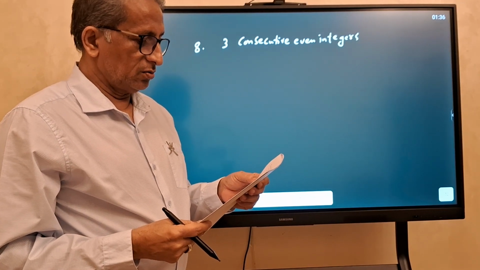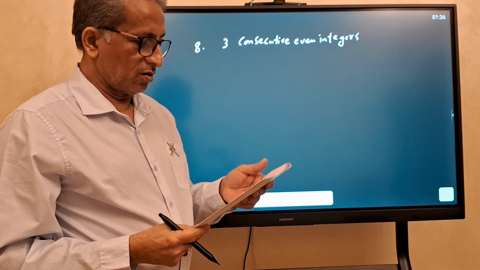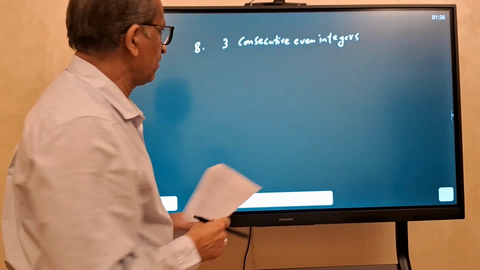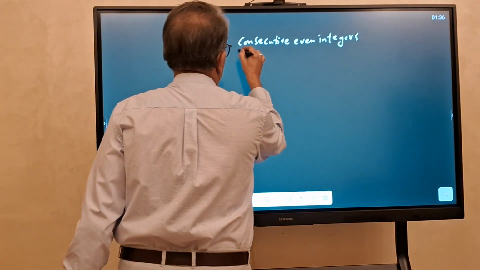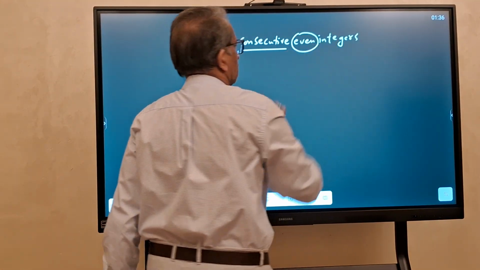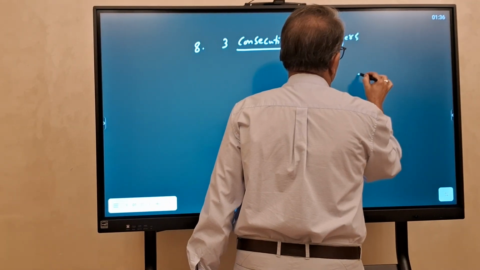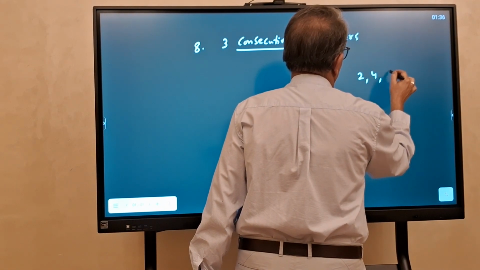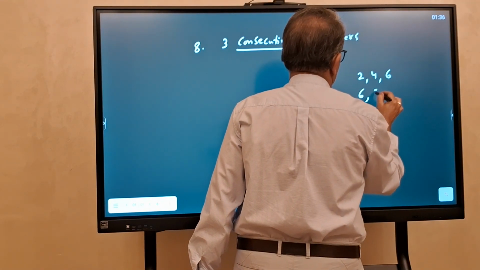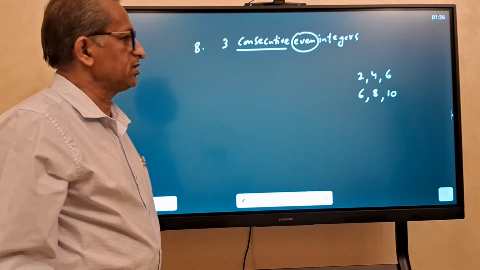Number 10 is 3 consecutive odd integers. Number 11 is 4 consecutive odd integers. So what are the consecutive even integers? You see 2, 4, 6, 8, 10. That means every time I will be increasing by 2.